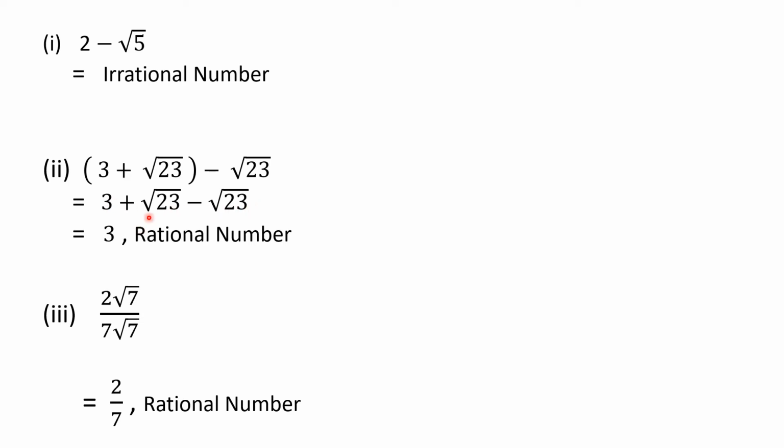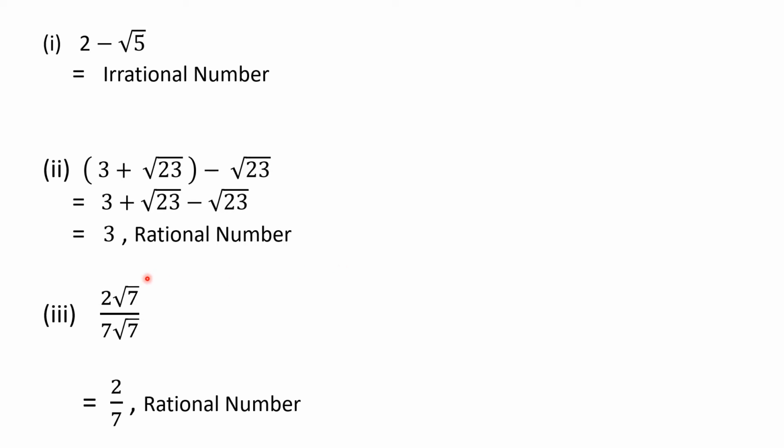So I write 3 plus 0 is 3 itself. So how do I solve this? First I open the bracket, I write as it is, then I write this as it is. Then I can clearly see that root 23 minus root 23 is 0. So 3 plus 0 is 3. And 3 is a rational number definitely, because 3 can be expressed as 3 by 1.